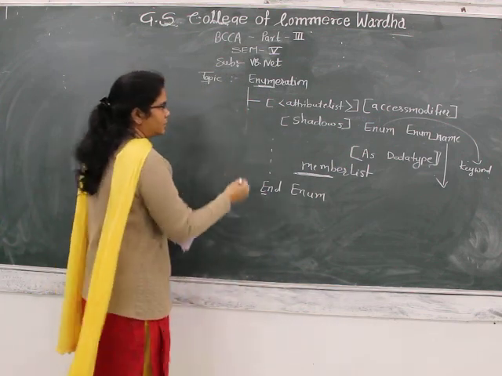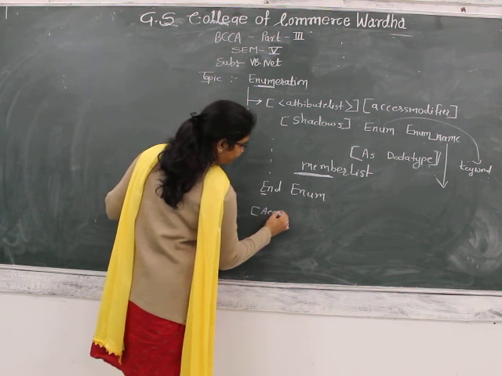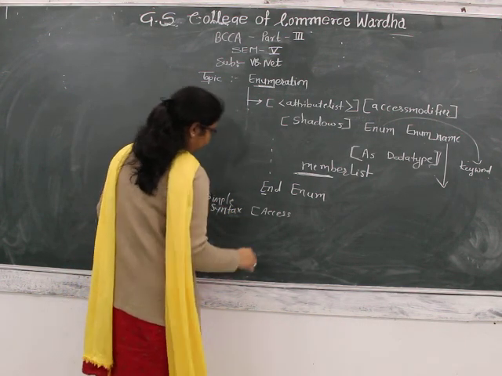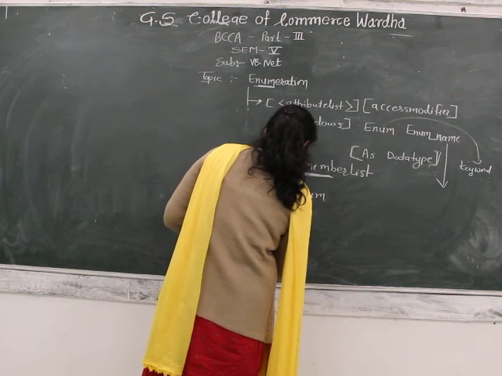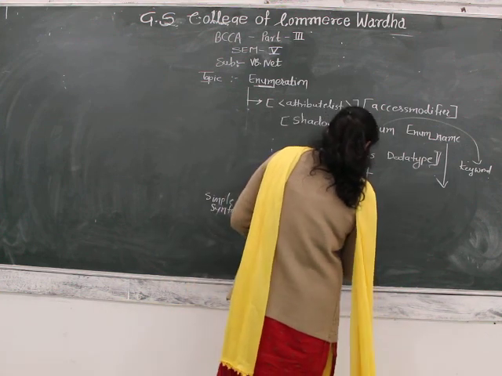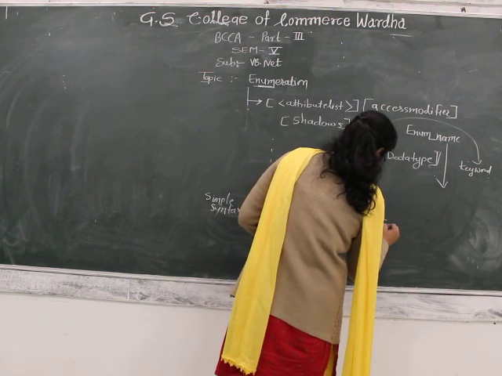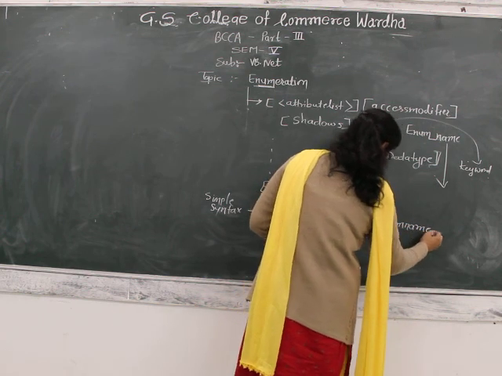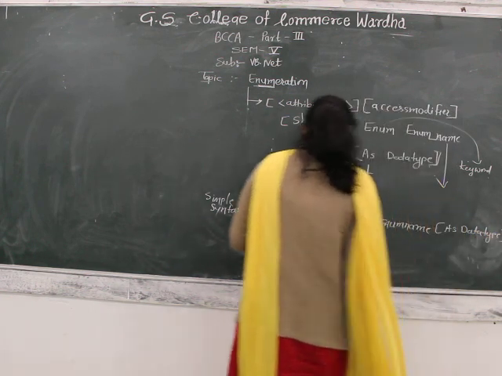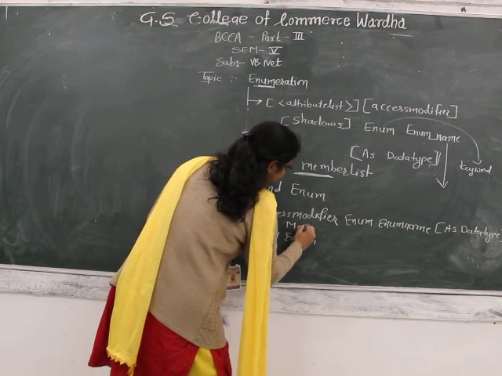So this is the syntax provided by VB.NET, and the simple syntax is: access modifier, enum name, and data type, then the member list.